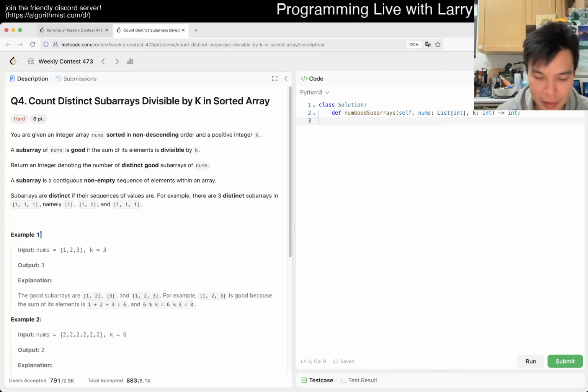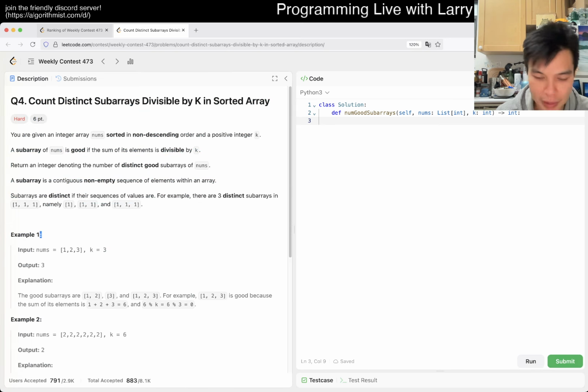All right, fair enough. Distinct good subarray. What's a distinct good subarray? The sequence of values are distinct? Is that what they're trying to say?